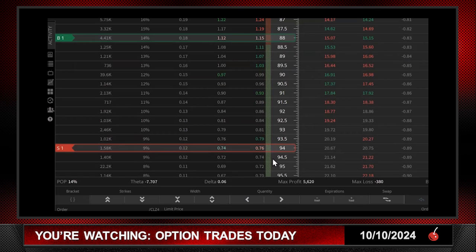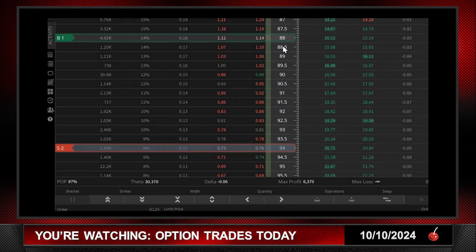Now, personal preference, I typically like to trade the whole numbers. Even though the strike is 3 cents wide here, 3 cents wide here, 3 cents wide here, 2 cents wide here, 2 cents wide here. If all the options have the same width to the bid ask, then I'll trade any one of the strikes.